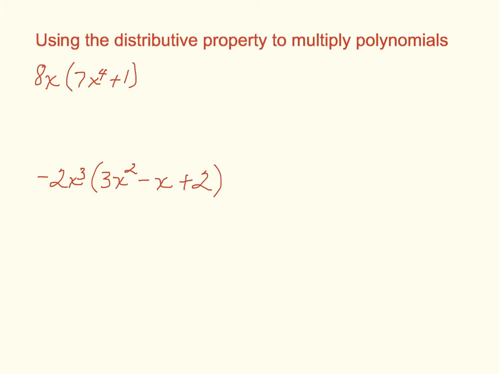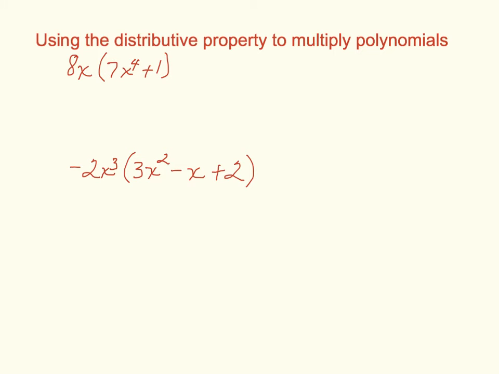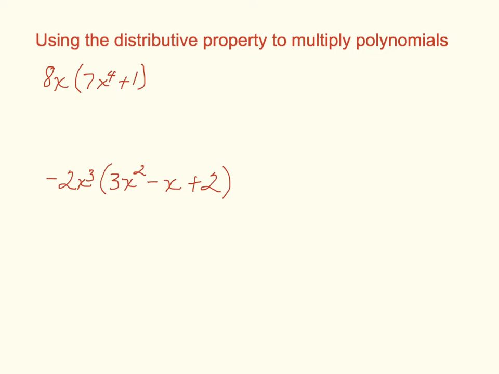We're going to say 8x times 7x to the fourth. 8 times 7 is 56. X times x to the fourth is x to the fifth. Then 8x times 1 is just 8x. So we've multiplied. Simple as that.